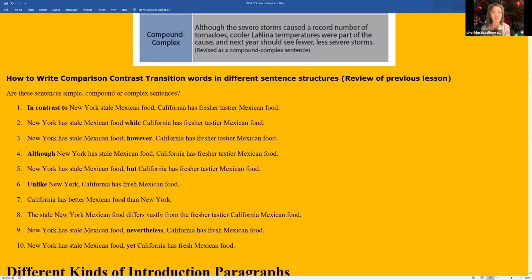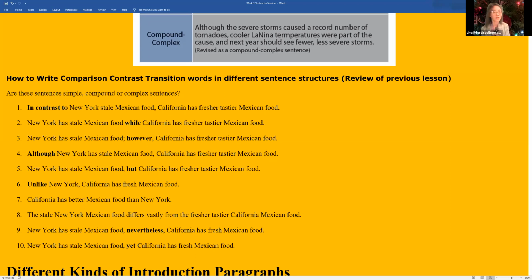Candace, is this a simple, compound, or complex sentence? Which one did you read again? Number one. In contrast to New York's stale Mexican food, California has fresher, tastier Mexican food. Is that a simple, compound, or complex sentence? It's simple. Very good.